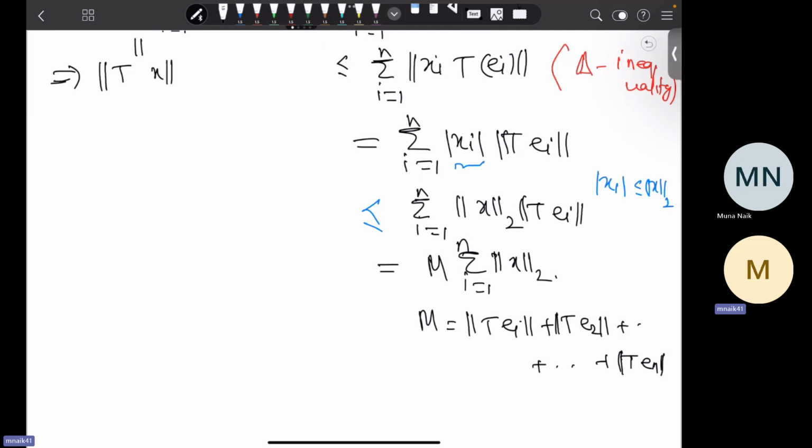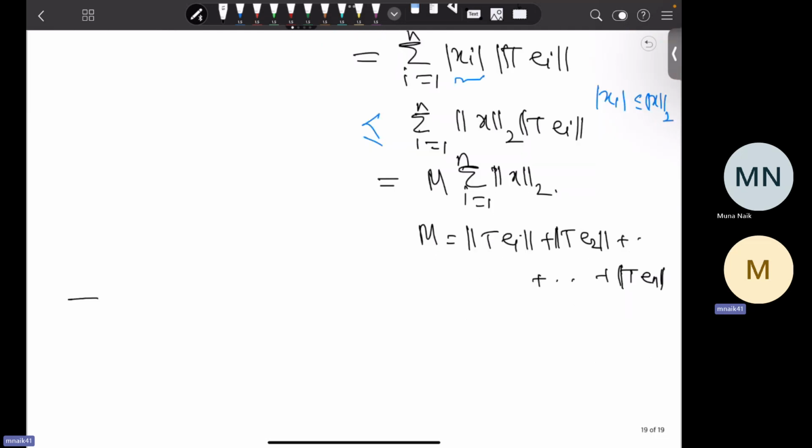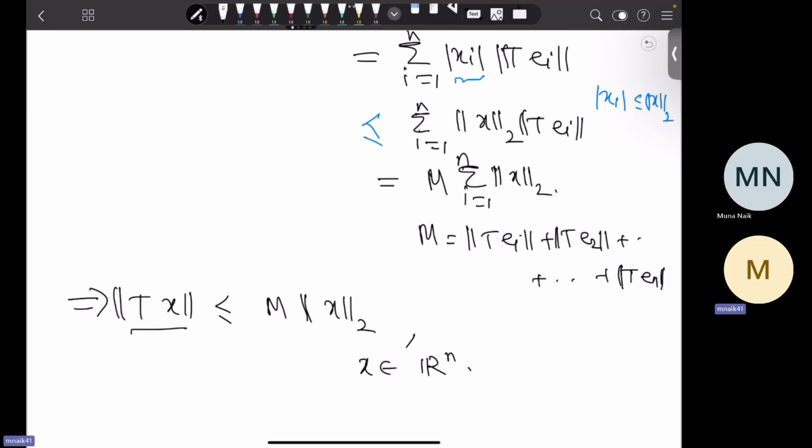So that is the m. What I am getting here is that the norm of Tx is less than or equal to m into norm of x2, and this is for all x belonging to Rn. Tx is an element of Rm, so the left norm is the L2 norm of Rm, but the right hand side is the L2 norm of Rn.